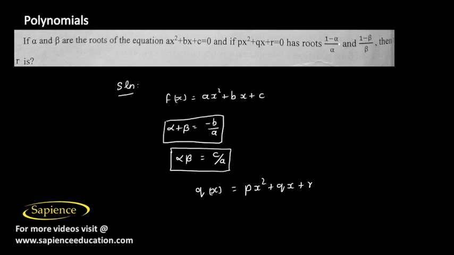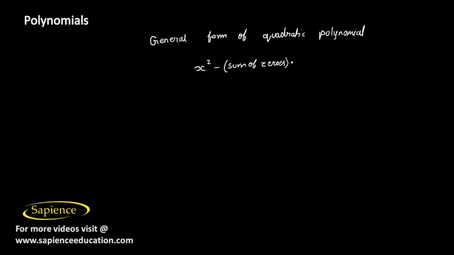So we can build a polynomial with the given roots by using the general formula. The general form of a quadratic polynomial can be written as x² minus the sum of zeros into x plus the product of zeros.